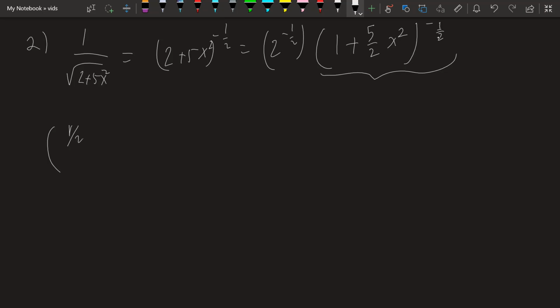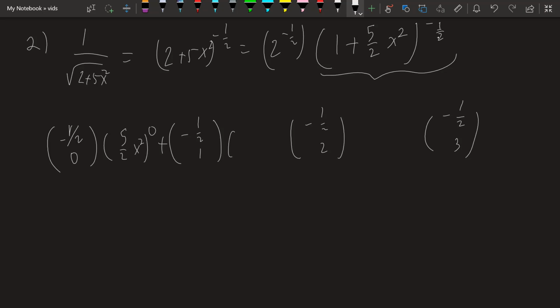So it's going to be minus half choose 0, minus half choose 1, minus half choose 2, minus half choose 3. And of course we have 5 over 2 x squared raised to the 0, plus 5 over 2 x squared raised to the 1, plus 5 over 2 x squared raised to the 2, plus 5 over 2 x squared raised to the 3.